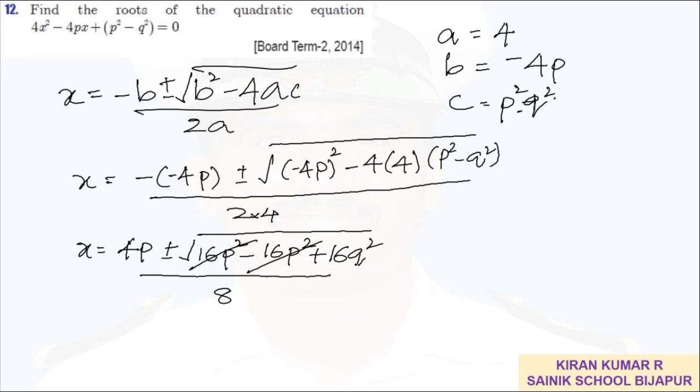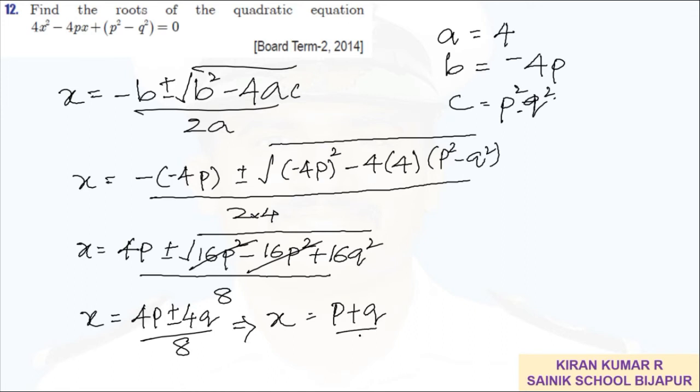A root of 16q square is nothing but 4q. So x value is 4p plus or minus 4q divided by 8. With this I can say x value is p plus q divided by 2 or p minus q divided by 2.